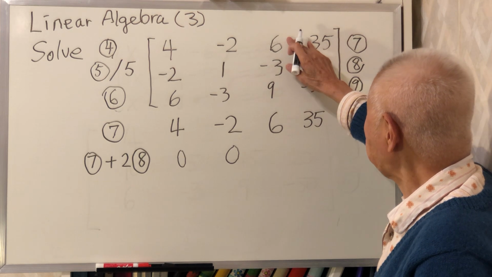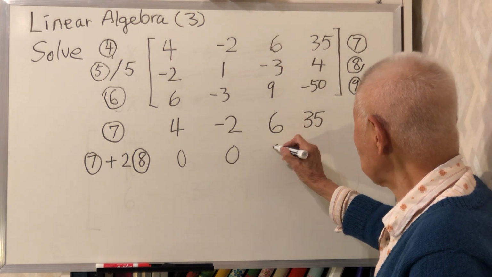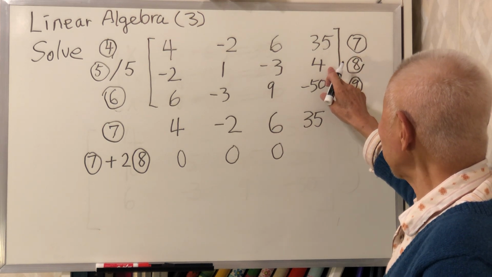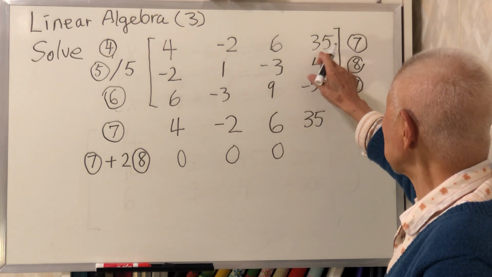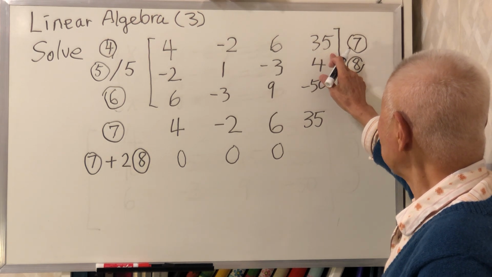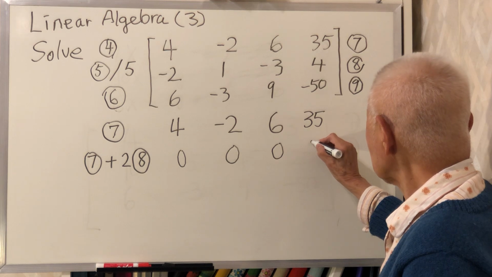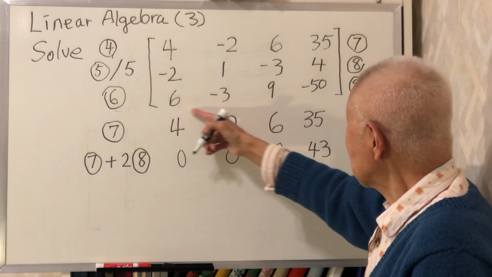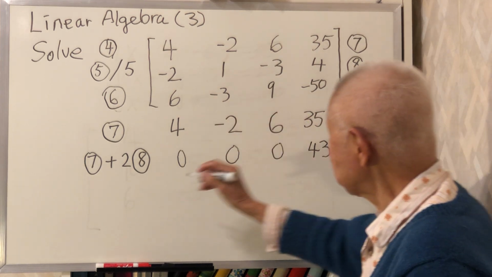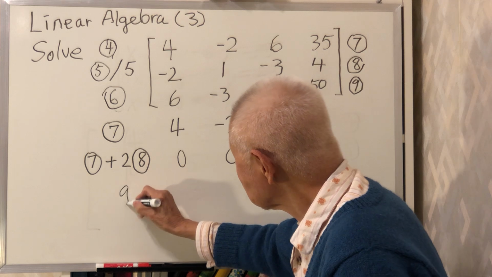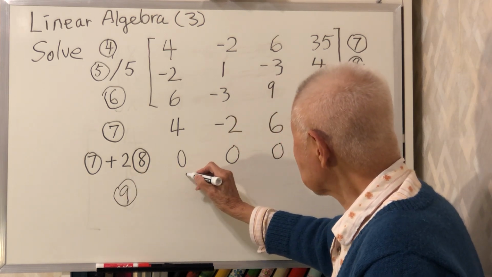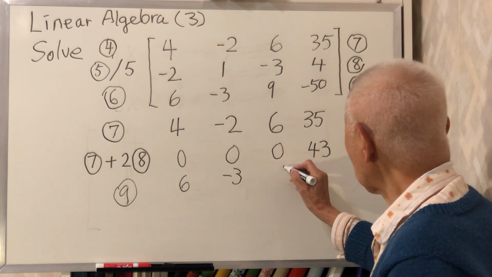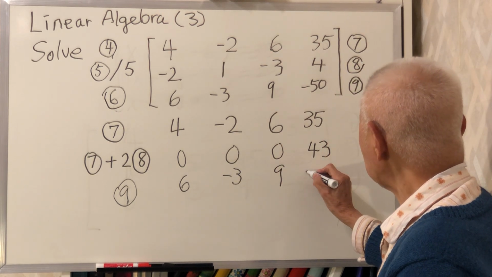Negative 6 plus 6, I get 0. 2 times 4 is 8. 8 plus 35 is 43. And I keep row 9. So it's 6, minus 3, 9, minus 50.